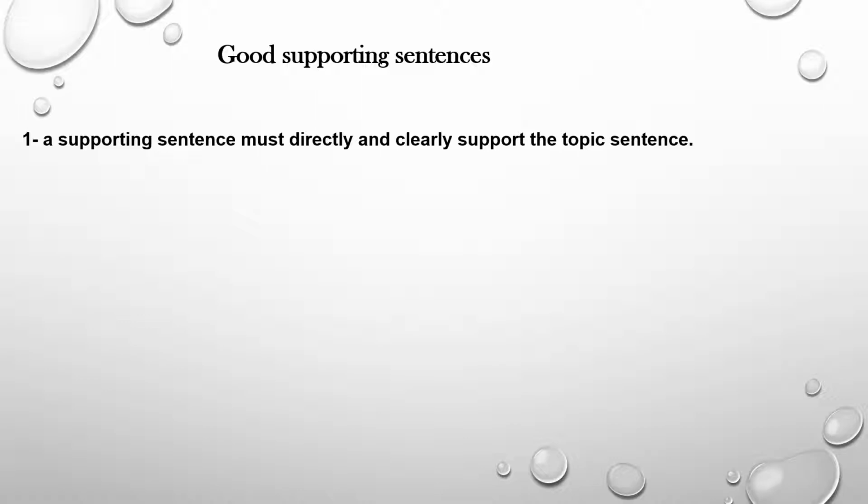Now, what are the characteristics of good supporting sentences and what are some points we have to remember? The first point is that a supporting sentence must directly and clearly support the topic sentence. And what do we mean by that? So this is our topic sentence. There is too much violence on TV. Now, after you say that, you have to support it. You have to make me agree with you.